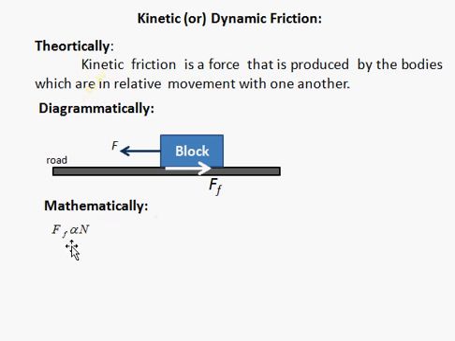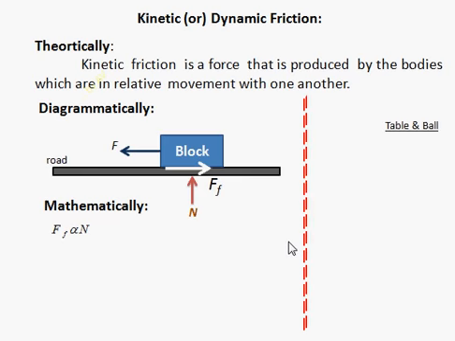Frictional force is directly proportional to the normal force. So a new term comes here, that is normal force. What this normal force is all about, let us consider another example. Consider a table and ball.